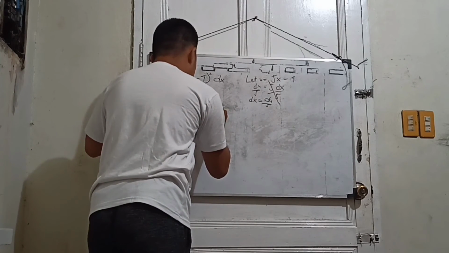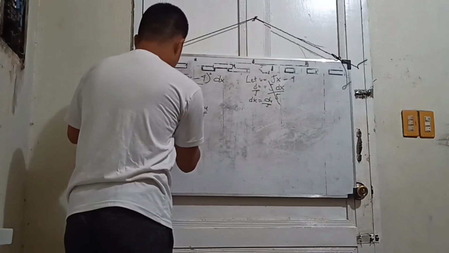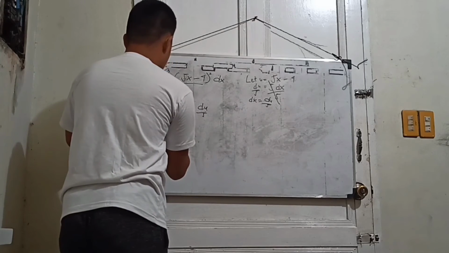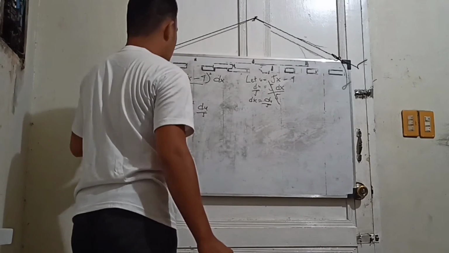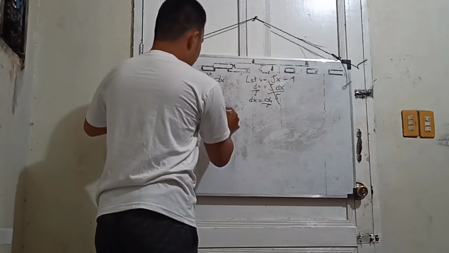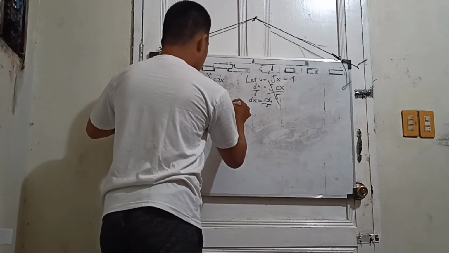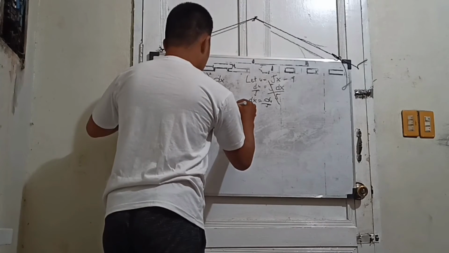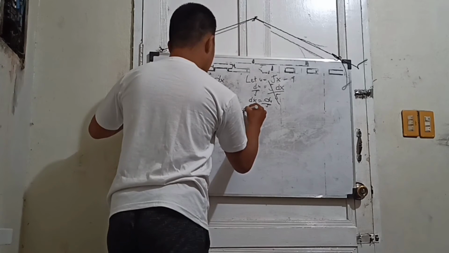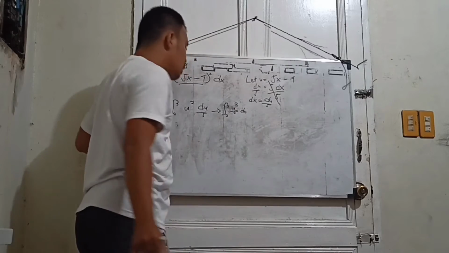Du over 5 from the limits 2 to 3. So, we can also simplify it by making it the integral of u squared over 5 du from the limits of 2 to 3.